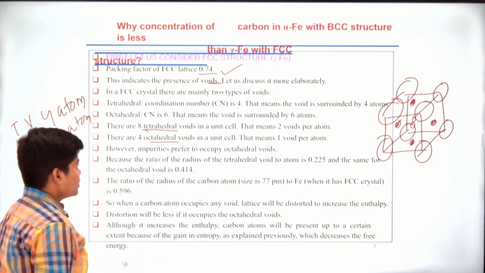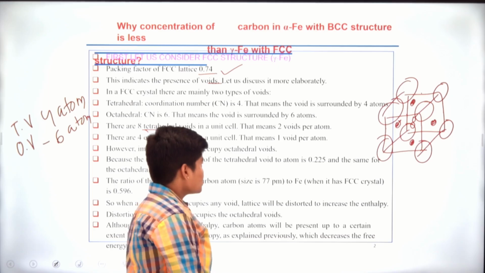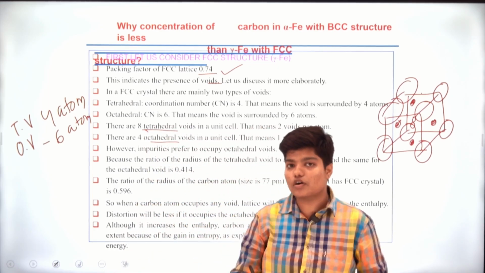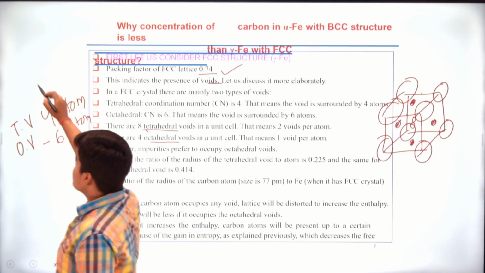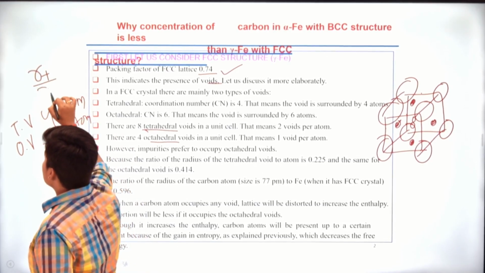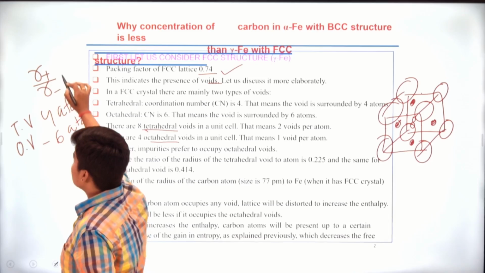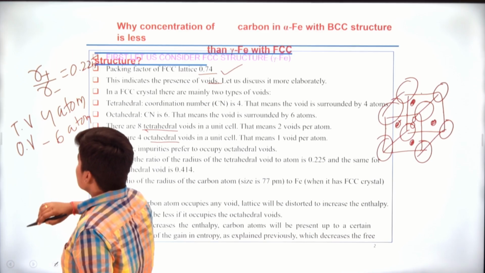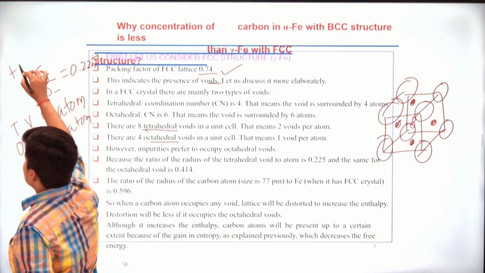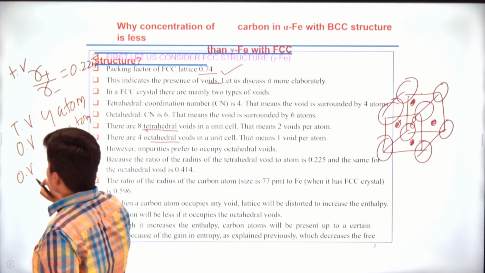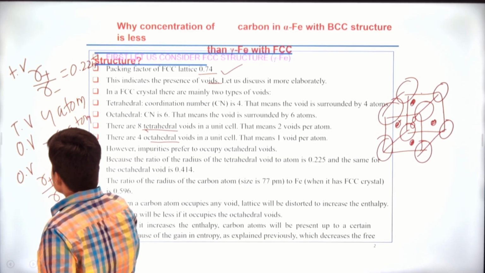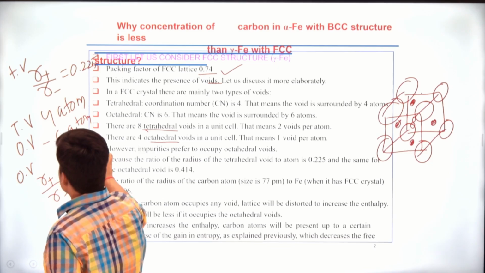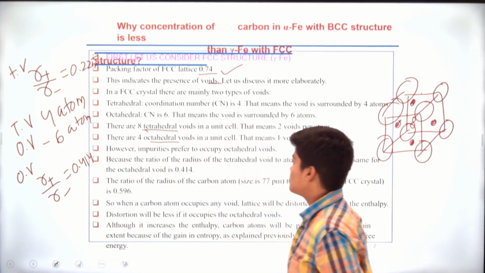The radius ratio, r plus to r minus, for the tetrahedral void is 0.225, and for the octahedral void the radius ratio is 0.414. It has come from calculation.